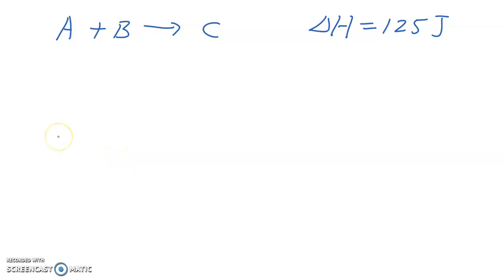Okay, I can do different things with it. First of all, I can flip it over. That means I can have C going to A plus B. So what I just did is switch the order of the reaction. Now the product from the first reaction becomes the reactant, and the reactant becomes the product.